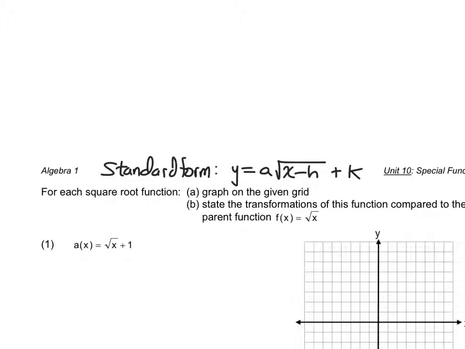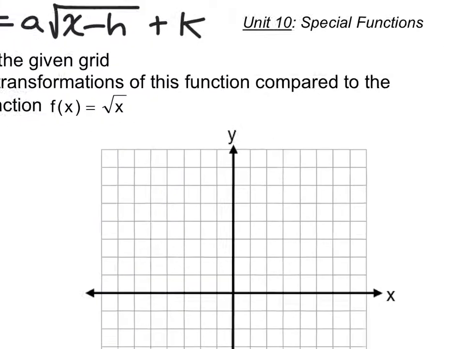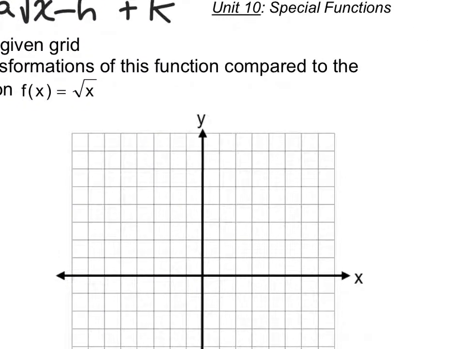Yes. All right, so what I would do is take my parent function as the coordinates of 0, 0, 1, 1, 4, 2, and 3, 9. Maybe not 3, 9 because it's not going to fit. That's y equals the square root of x. I just snagged that from the previous page.